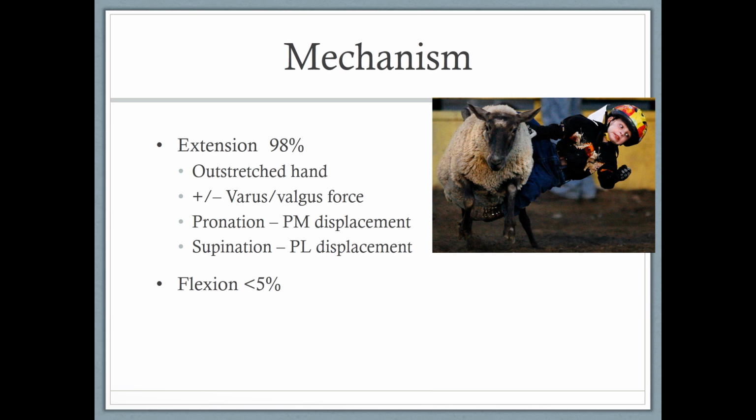The rule about the flexion injuries is they're usually direct blows. The displacement is going to be anterior rather than posterior, and the rule is that if you're struggling in theatre at 2 o'clock in the morning with an apparently irreducible supracondylar fracture, it is that 1 in 50 odd that are flexion injuries.